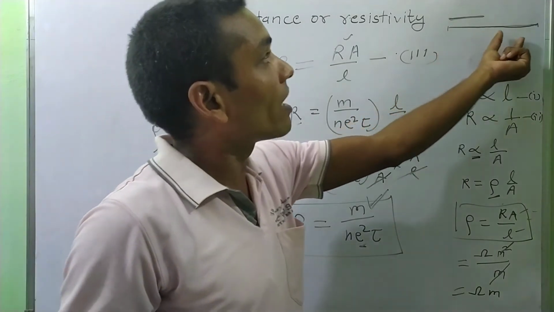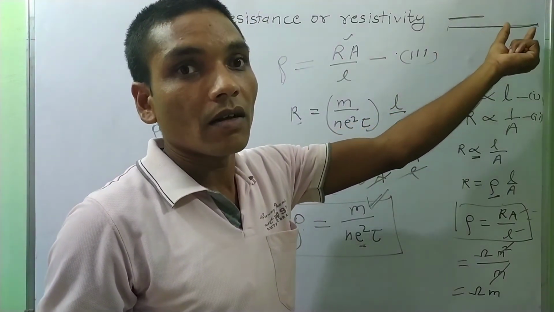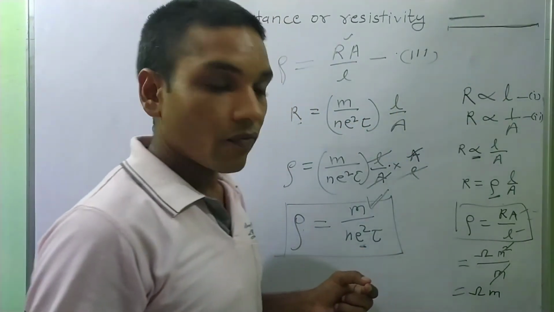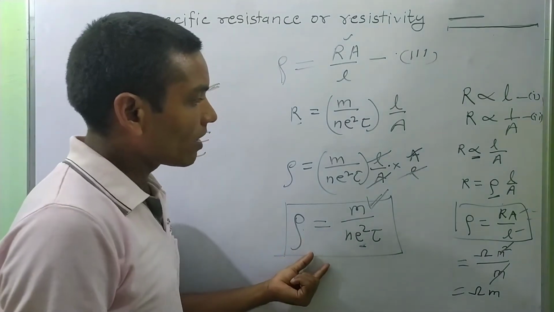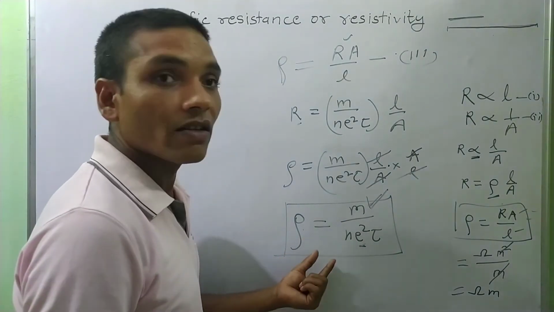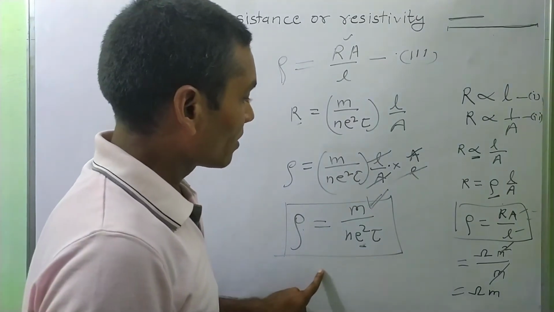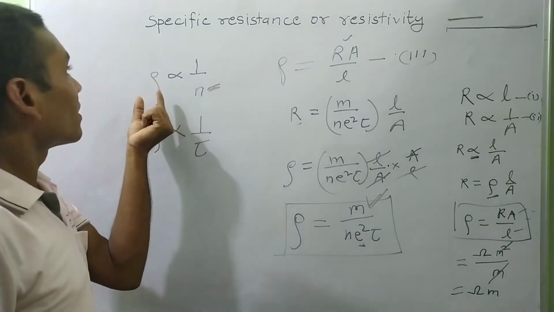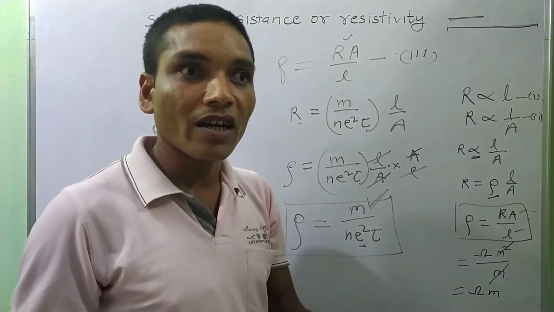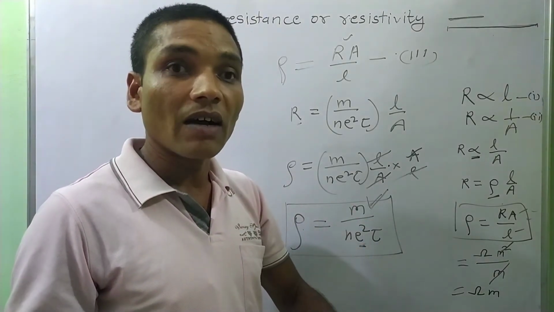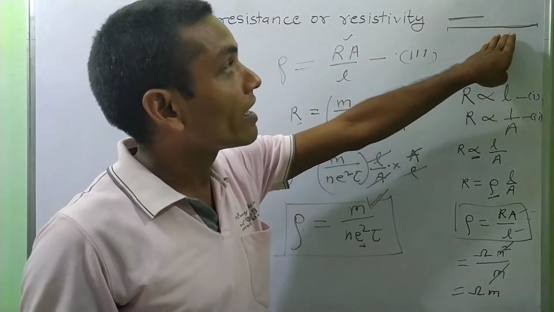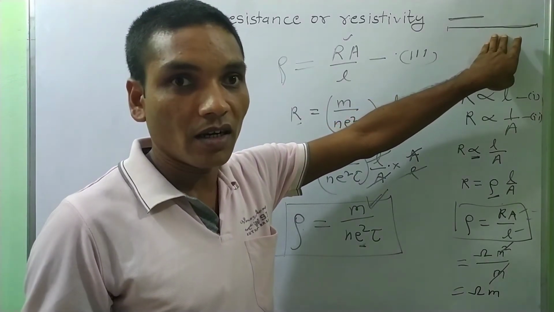Because this formula is independent of the length of the conductor, the resistivity of the conductor is not affected by increasing the length of the conductor.